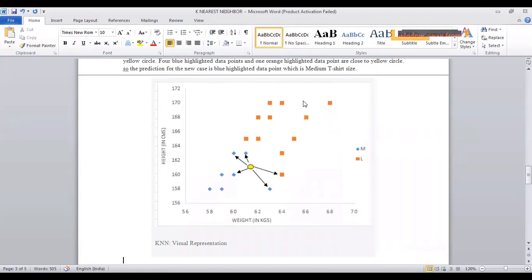Hence the t-shirt size of Monica can be classified as medium. 4 blue highlighted data points and 1 orange data point are close to the yellow circle. So the prediction for the new case is the blue highlighted data point, which is the medium t-shirt size.